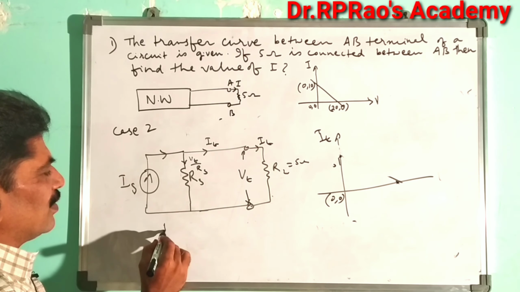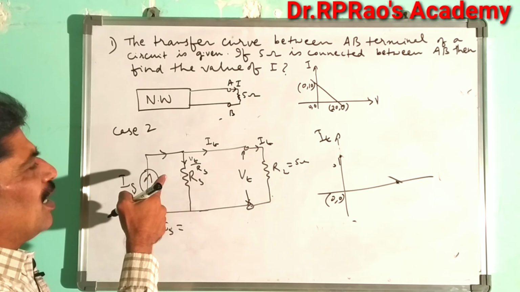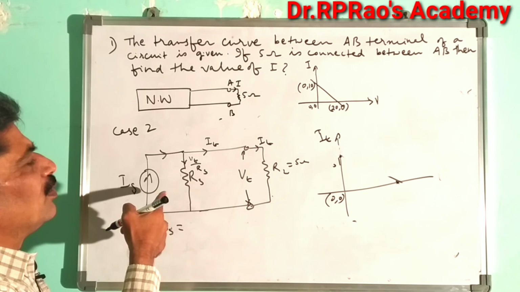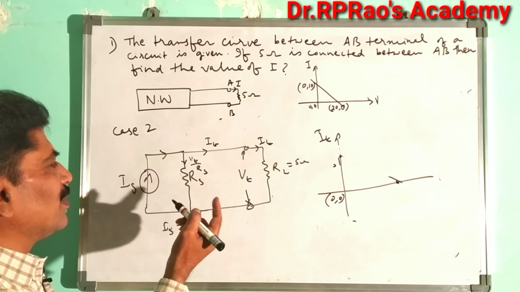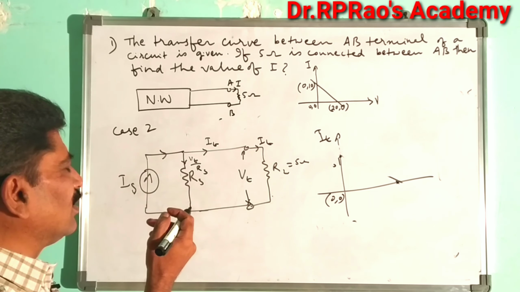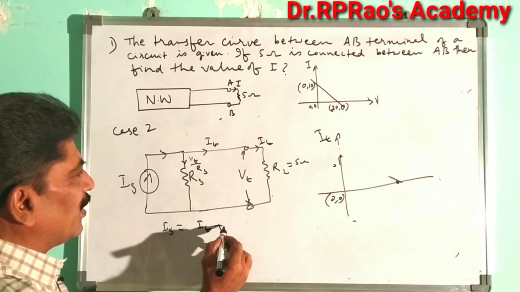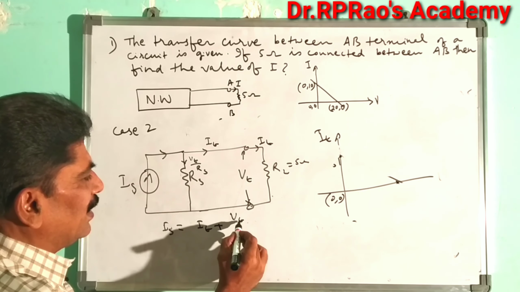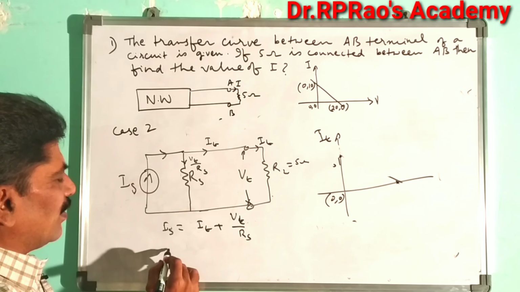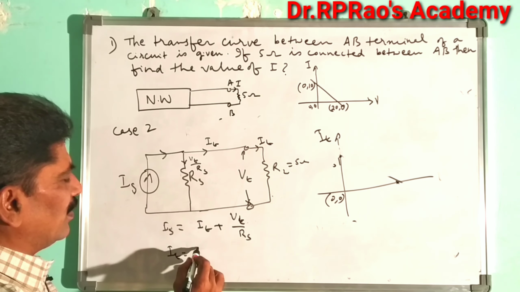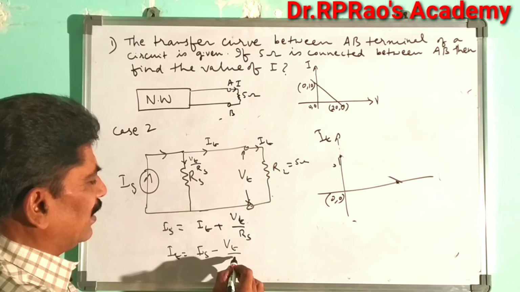So applying KCL at this node, the approaching currents should be equal to the sum of the leaving currents, or the algebraic sum of the currents at this node should be equal to 0. So Is is equal to It plus Vt by Rs. So from this, It is equal to Is minus Vt by Rs.